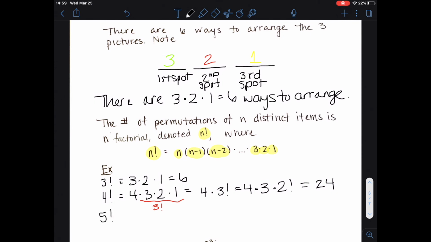And likewise, if you have 5 factorial, it's 5 times 4 times 3 times 2 times 1. It's the same thing as you pick off the top integer and you get 4 factorial left over. You can pick off the 4, you get 3 factorial. And in the end, you still get exactly the same number. There are 120 ways to arrange 5 objects.